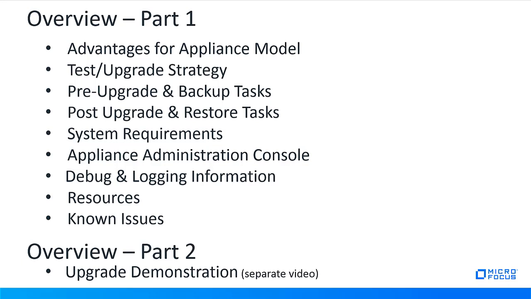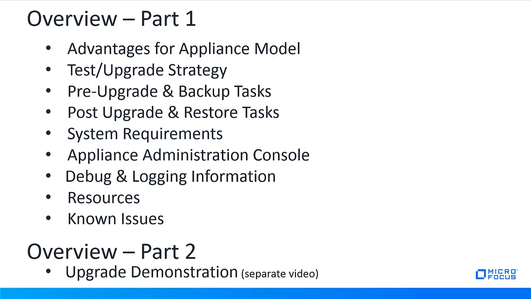Through this presentation, we'll be discussing the advantages for the appliance model and the administration console to manage the appliance, testing, upgrade, and strategy reminders, pre- and post-upgrade tasks, including backup tasks and restoration of customizations to have your Service Desk upgraded in your environment, system requirements moving to version 7.5, debug and log information, along with resources available to you for successfully completing the migration, and any known issues.